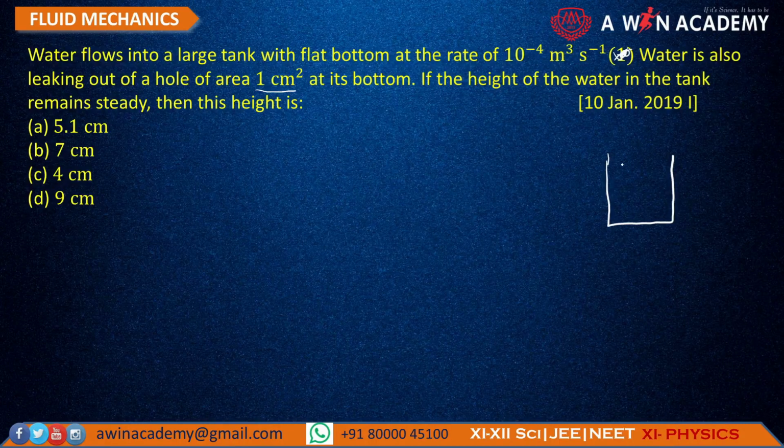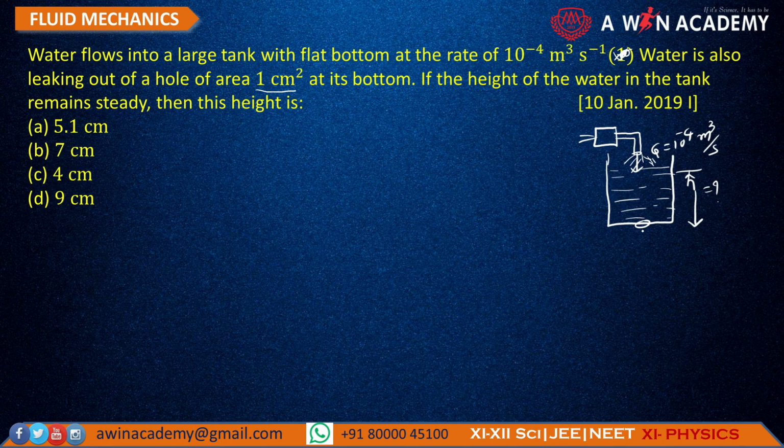Here you have been given one tank, and this tank is filled with water, and there is one tap here. The water is coming from this tap at a constant rate like this, and this rate Q is given, 10 raised to minus 4 meter cube per second, and its height is something h. This height is asked to find, and one hole is given at the bottom of the tank.